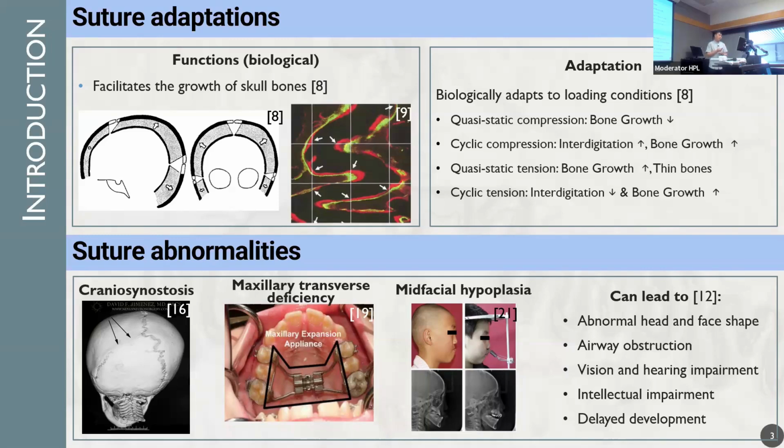It has bone cells along the suture bone interface and other bone growth limiting factors in the middle.